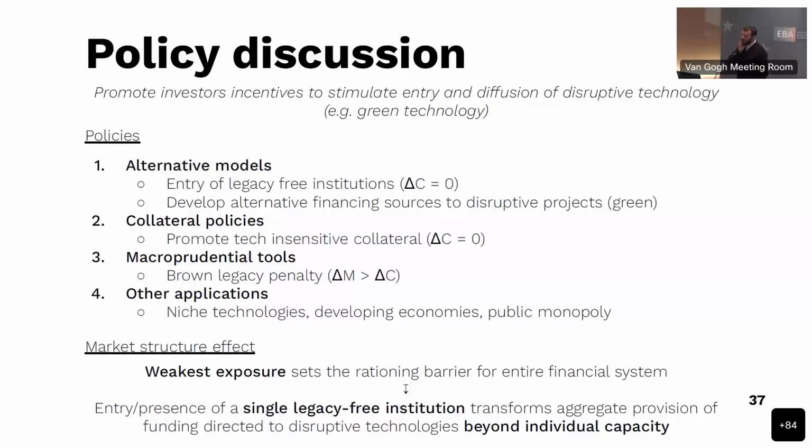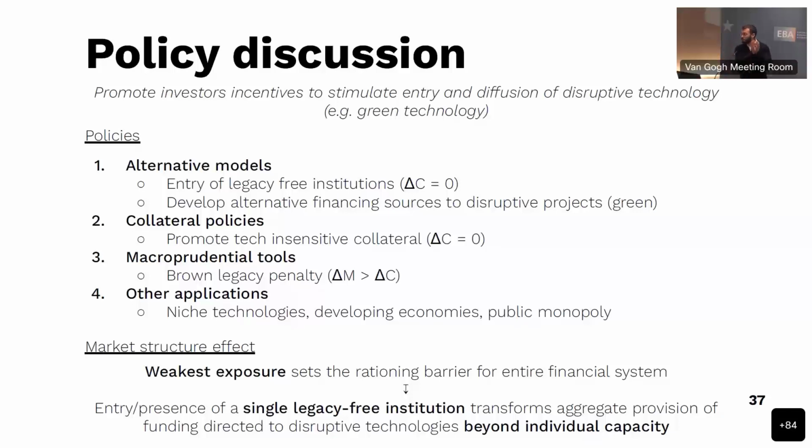But maybe one last thing I want to clarify here is we focus on the technology, but ultimately the framework we have may apply to other cases. And what you need in terms of ingredients to start thinking about the effect of this asset overhang on the rest of the economy is related to the extent to which your pool of eligible investors is commonly exposed to this credible shock, right? And so other applications where you could find this are cases of niche technologies where you only have a few investors who have the knowledge, but who are also quite exposed to any changes there.